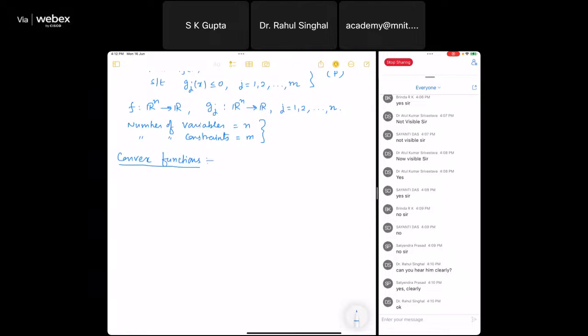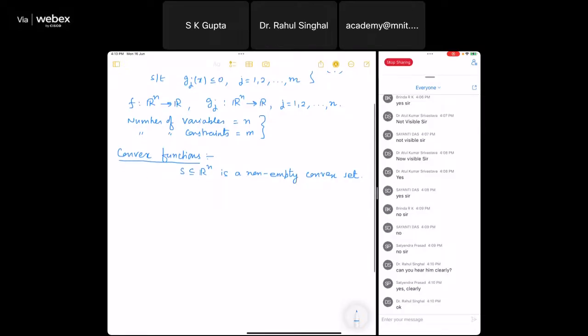Suppose you have a subset S of R^n, which is a non-empty convex set. We already know what a convex set is. Let this be a non-empty convex set.